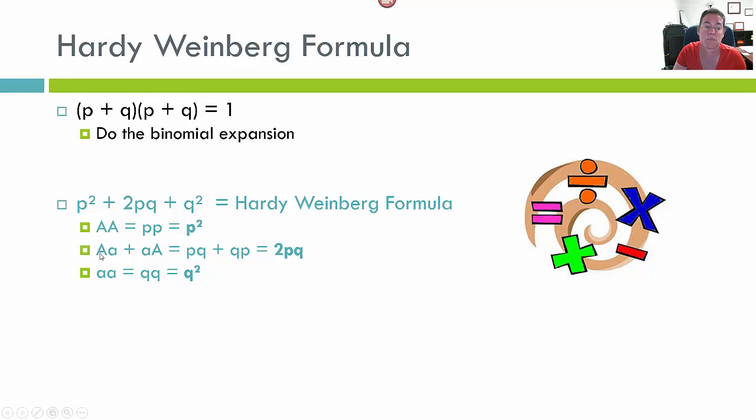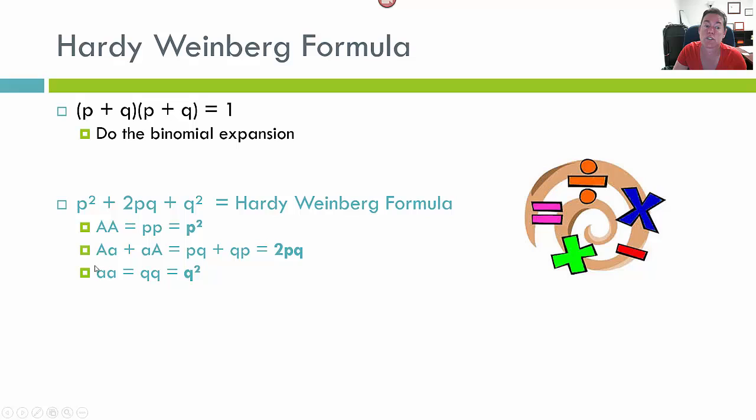For people with the heterozygous genotype, there are two forms of the heterozygous genotype. You could have dominant A and recessive a, or you could have recessive a and dominant A. This is the equivalent of p times q plus q times p. Calculated out algebraically, it would equal 2pq.